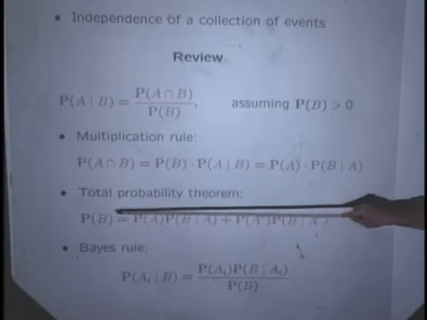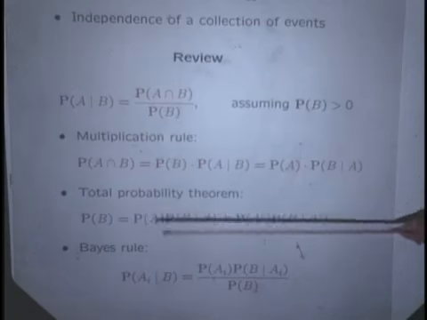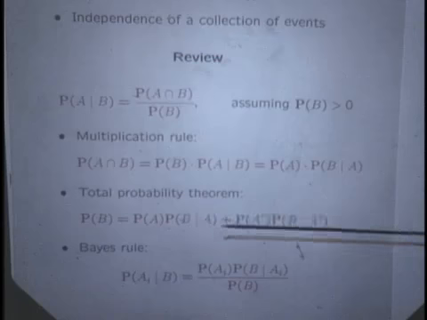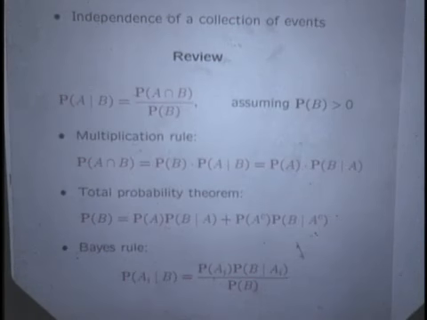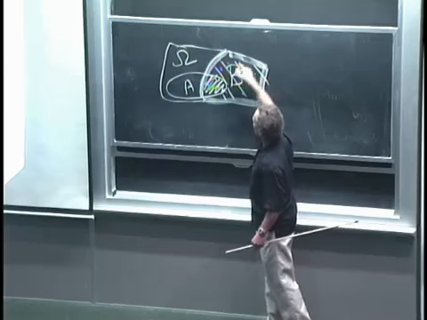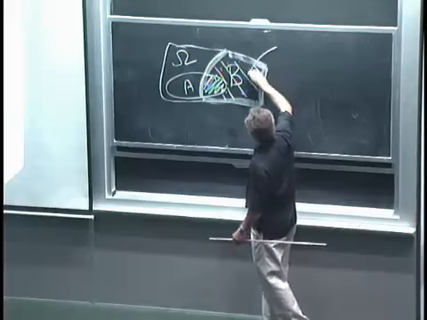So event B can happen in two ways. It can happen either together with A, which is this probability, or it can happen together with A complement, which is this probability. So basically, we're saying that the total probability of B is the probability of this, which is A intersection B, plus the probability of that, which is A complement intersection B.